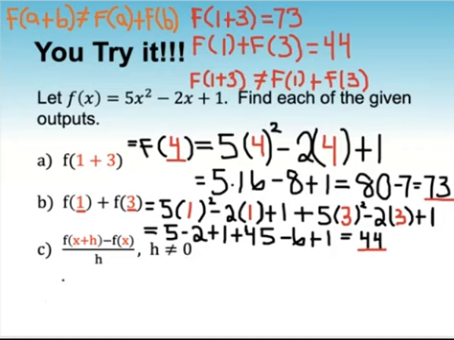So let's go ahead and evaluate this. So we have, this is going to equal f of x plus h is going to be 5 times, instead of x, we're going to have x plus h squared. And then we have minus 2 times, instead of x, again, we're going to put x plus h. So 2 times x plus h.